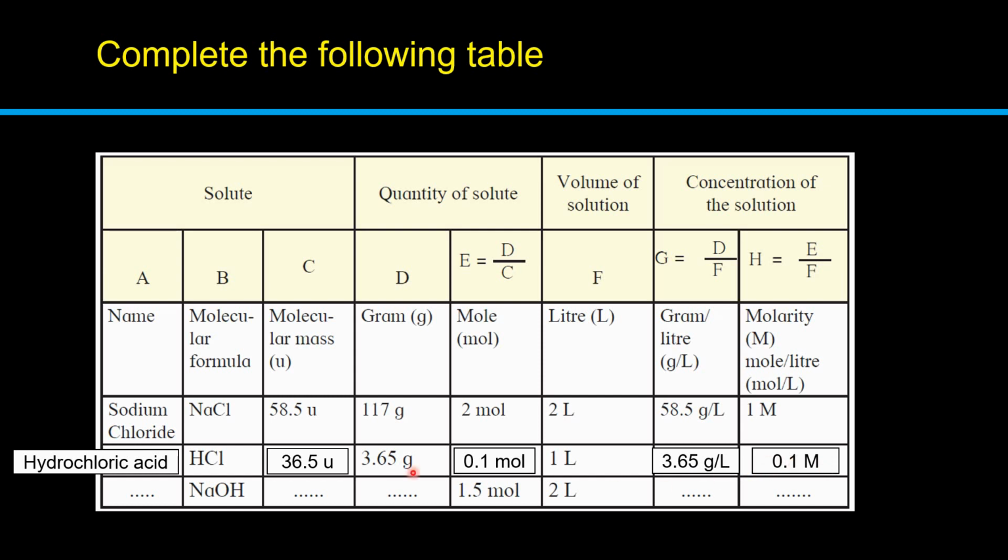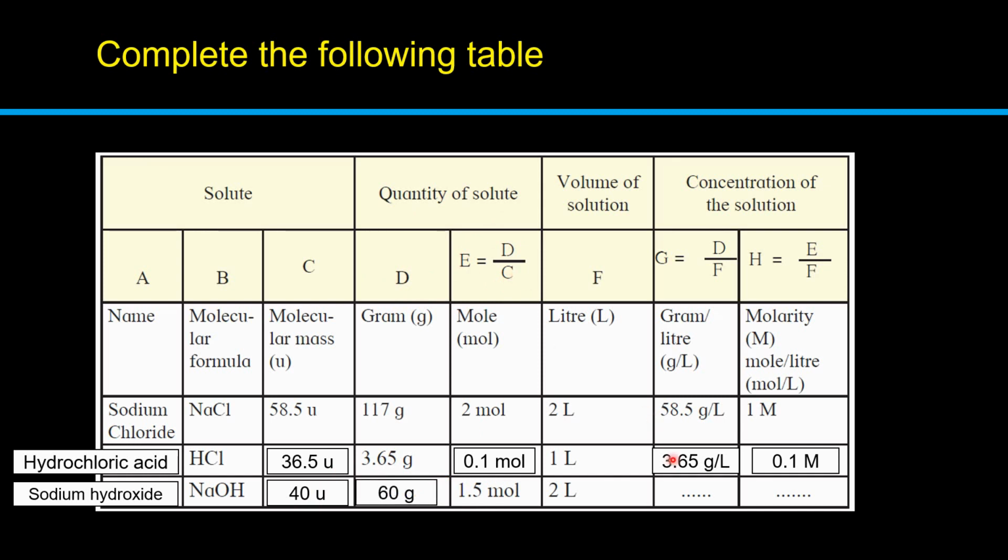The same way, we have to fill the third row as well, children. You can try this. Third one, it is sodium hydroxide. Molecular mass of sodium hydroxide is 40. The quantity of the solute is not given here, but we know the values E and C. Using this, we can calculate the value of D rearranging this formula. So the answer is 60 grams.